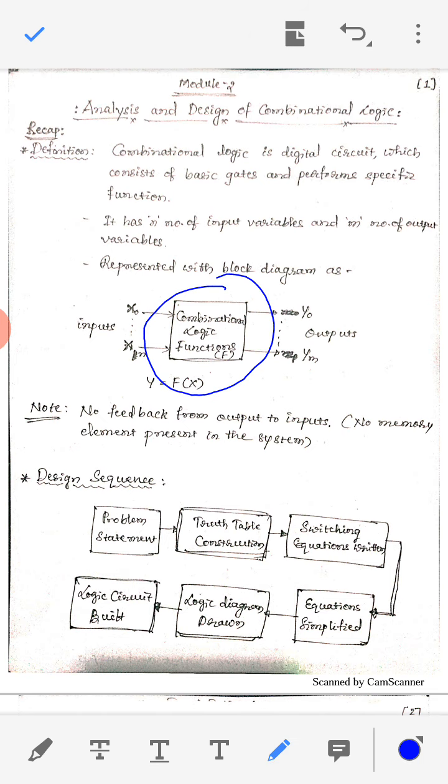The system has some inputs and some outputs.